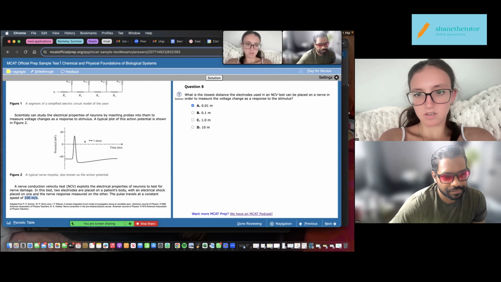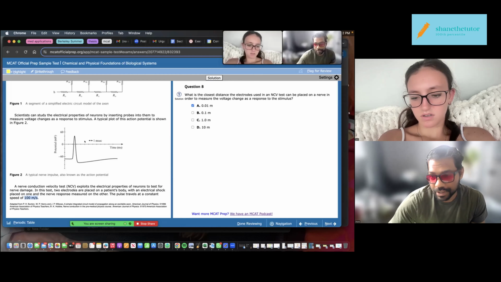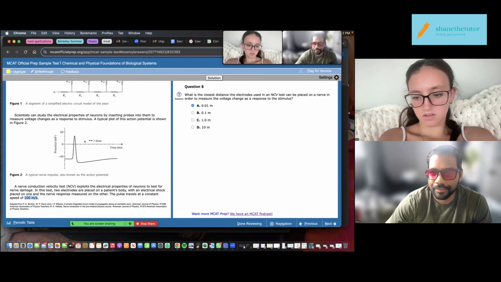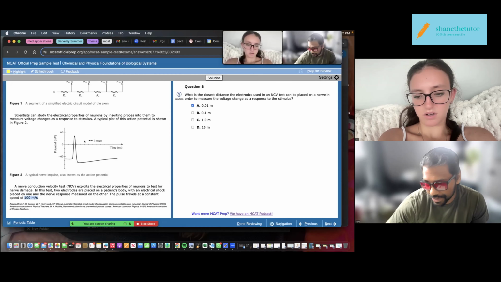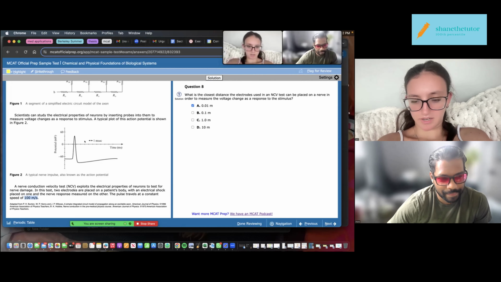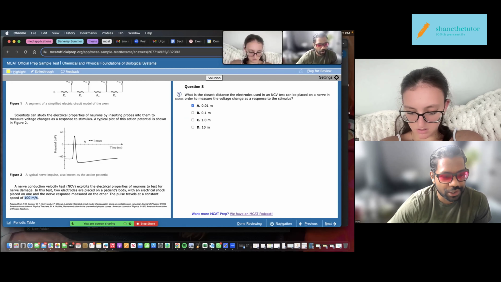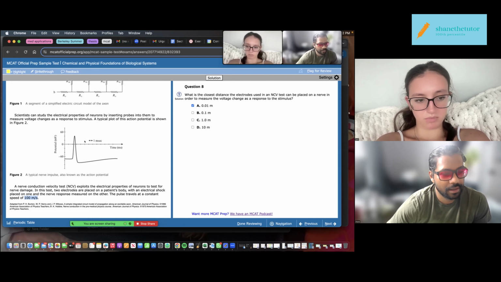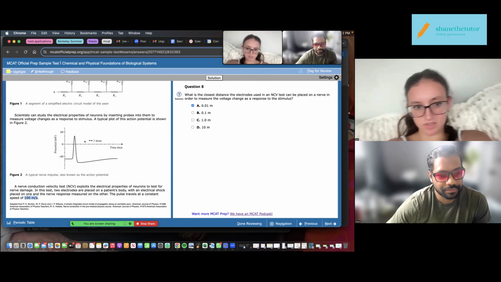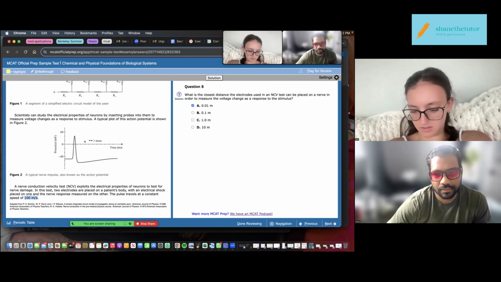Distance equals v over t. Well, v over t would be something else. Is it v times t? Yeah, that can give you distance. So 100 meters per second times 1 millisecond.